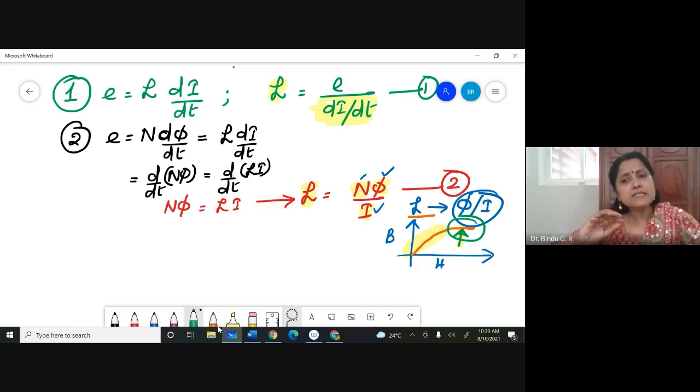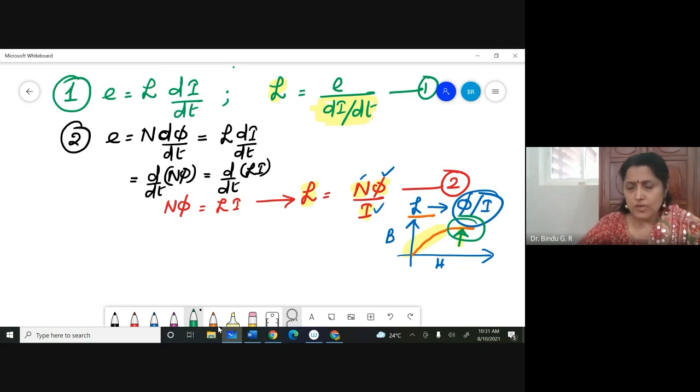But once it goes to the saturation region, it becomes a non-linear system. The analysis is also very difficult. So always it is a dream of a designer to design anything, be it an electrical system or be it any other thing, so that it works in the linear range of the operating parameters, linear range.